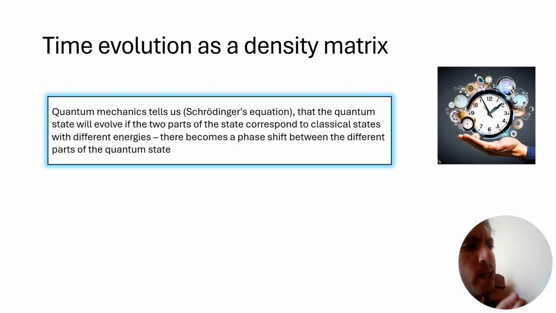But quantum states do evolve, and an object in a quantum superposition state will evolve over time. That's an important distinction between mixed classical states and quantum superposition.